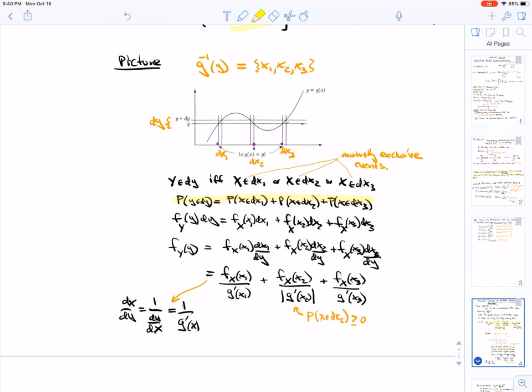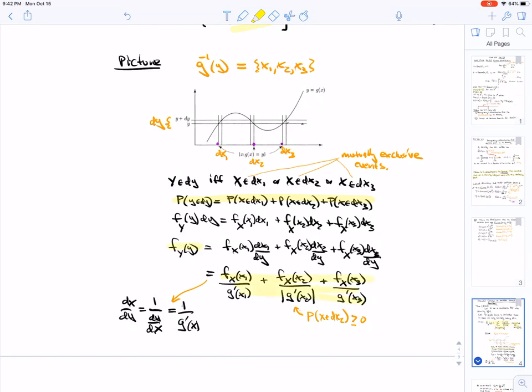When dx/dy is not 0, its inverse is actually 1 over dy/dx, which you can also write as g prime of x. So that's what I've done here. And so this is the change of variable formula. Let me highlight this also.